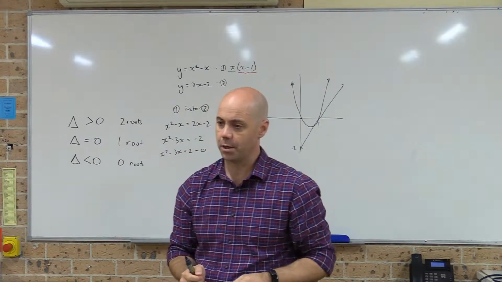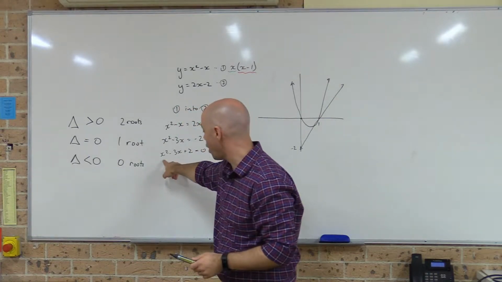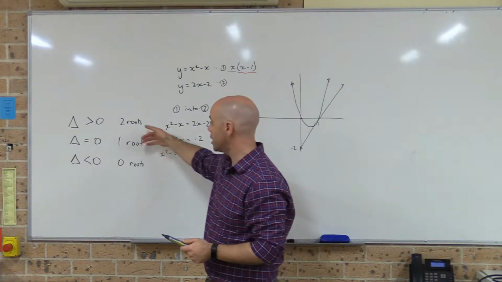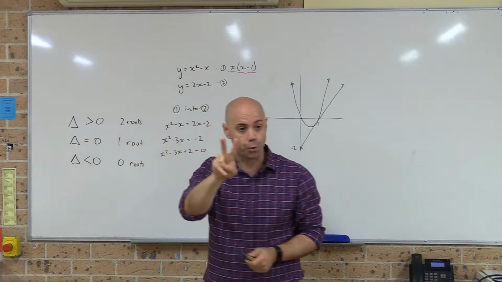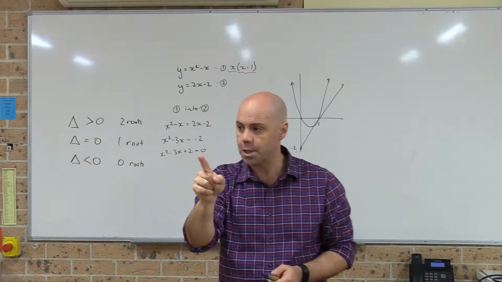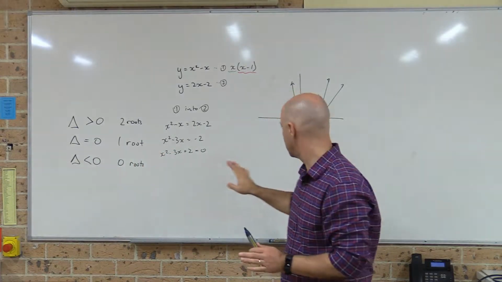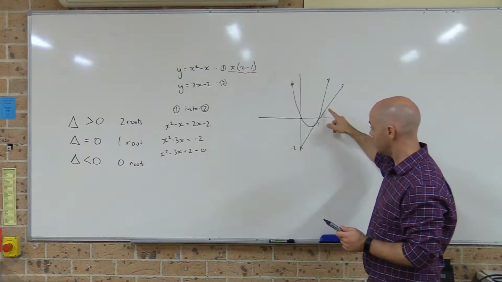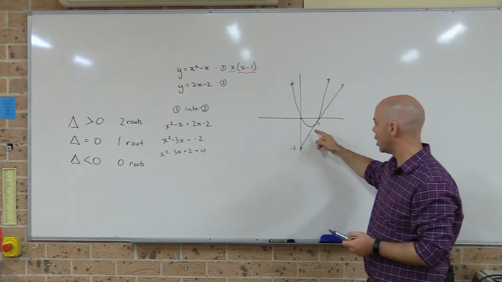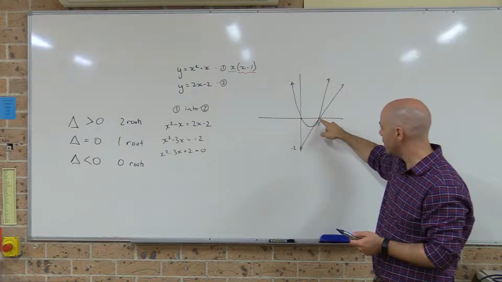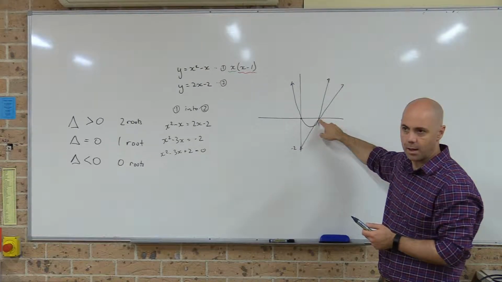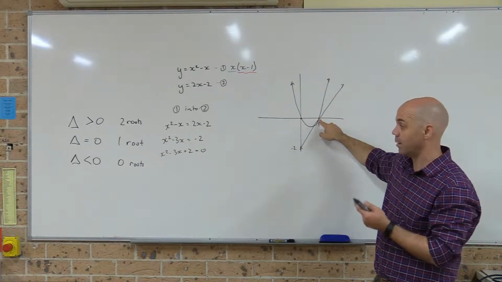From this point, I can consider the discriminant of this one and see, are we going to have two crossings? Are we going to have one crossing, which just means a touching, or no crossings? Okay, are we going to cross it twice, once, or no times? I can see already, knowing that both of those lines go through that point, it's going to be 1 or 2.